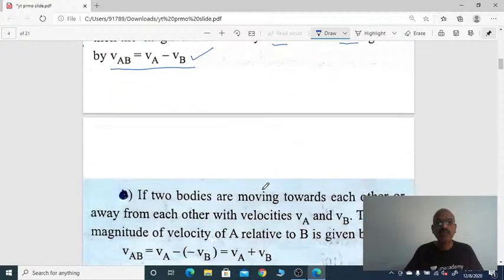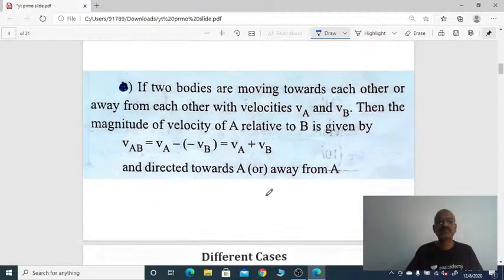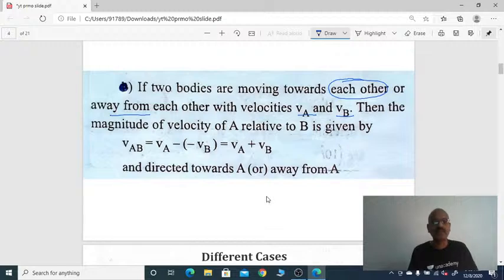Then if they move in opposite direction, if the two bodies are moving towards each other or away from each other with the velocities VA and VB, then the magnitude of A relative to B will be the vector sum of the two, VA plus VB.